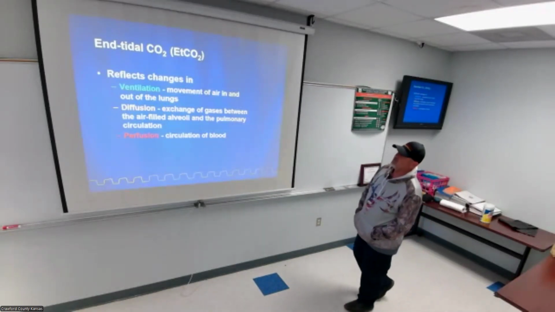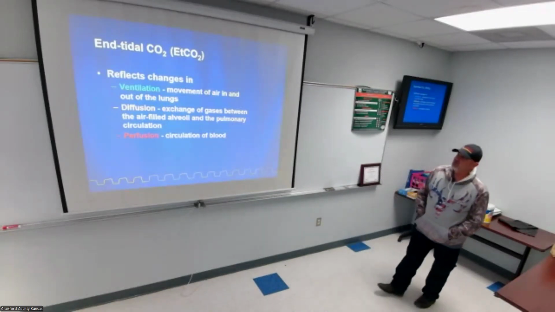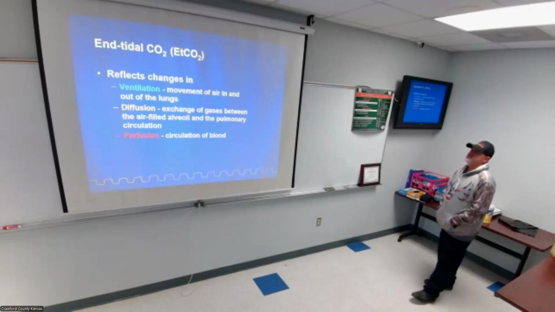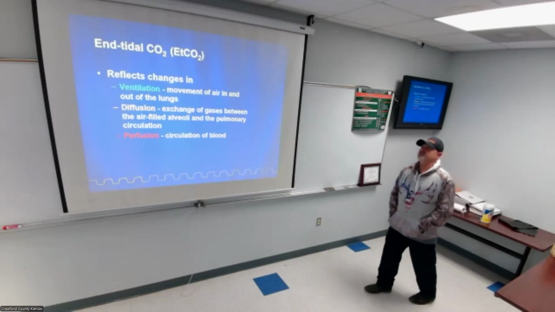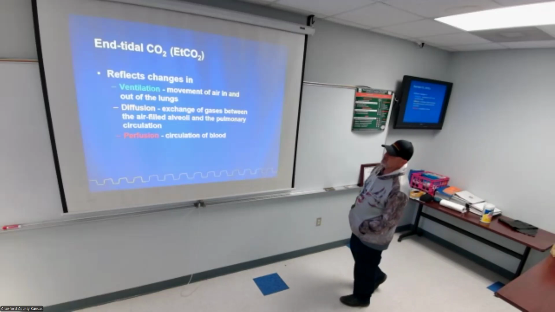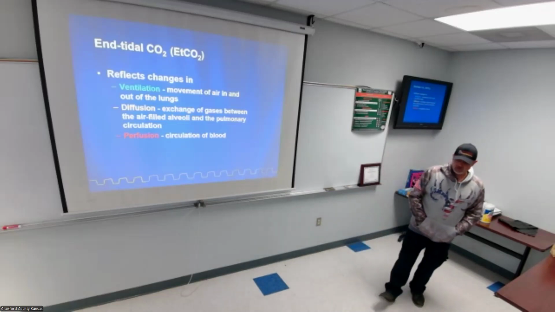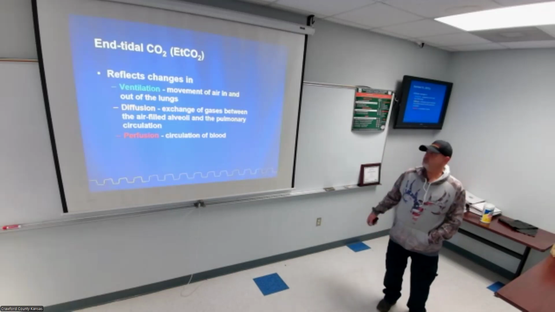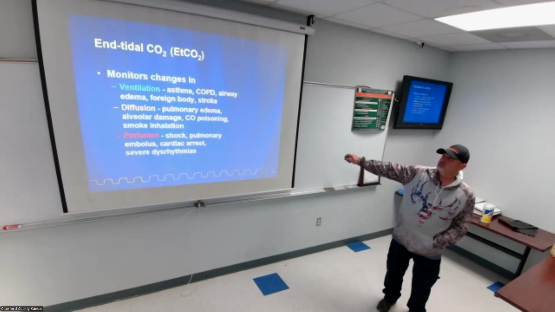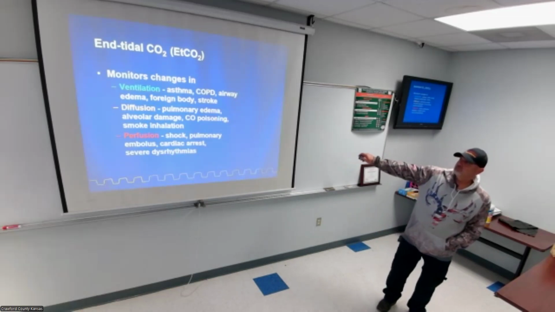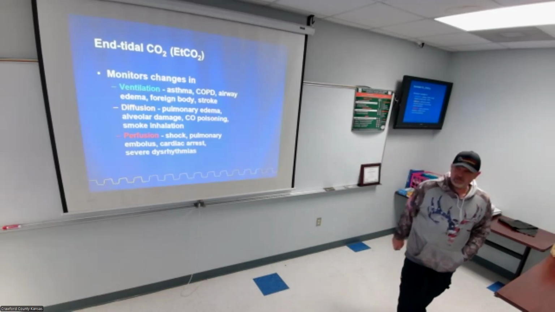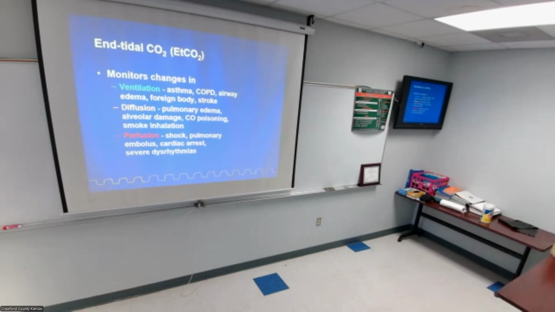So reflex changes in ventilation, movement of air in and out of the lungs. Diffusion is exchange of gas between air-filled alveoli and pulmonary circulation. And of course, perfusion is circulation of blood. So monitor changes in ventilation.